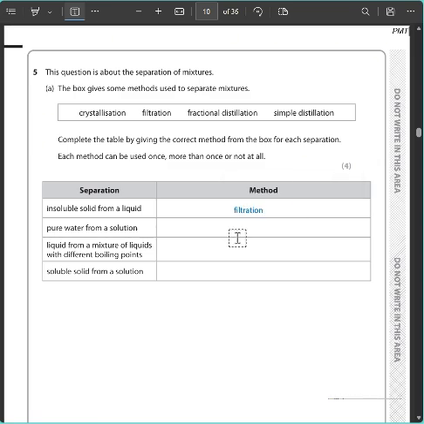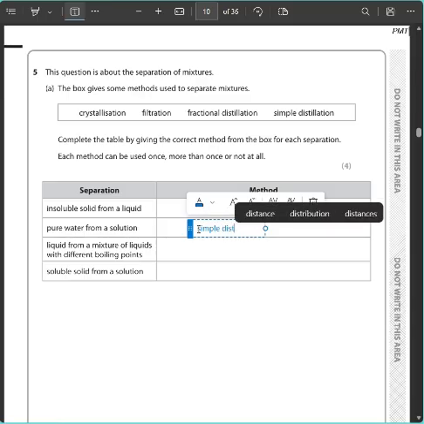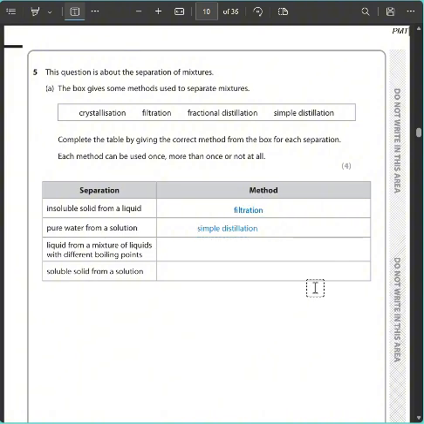For example, if there is some sand in the water, we can separate the sand and water mixture using filtration. Pure water from solution, for this we can use simple distillation, or it can also be fractional distillation.